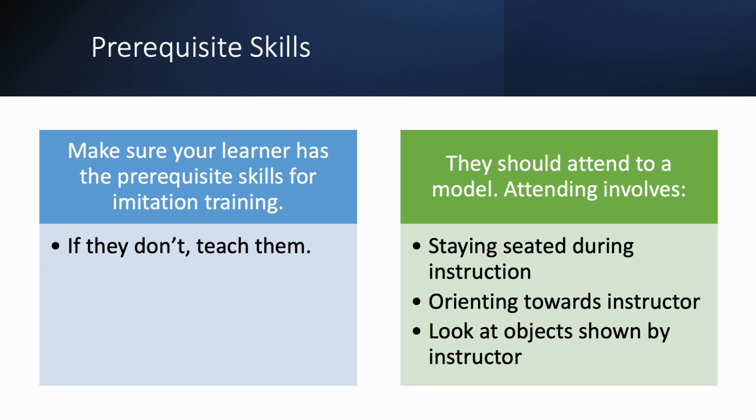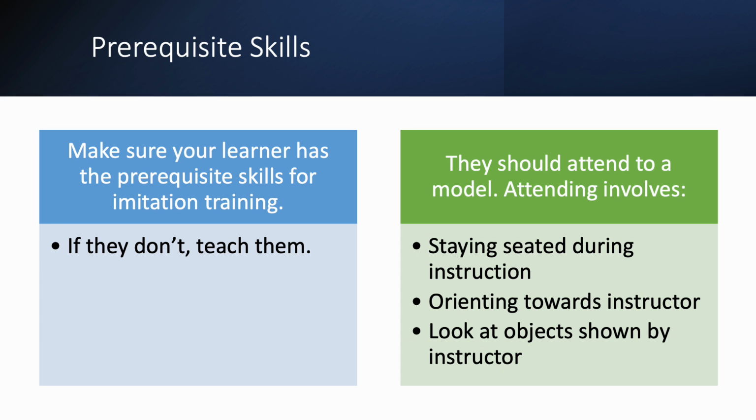I cannot tell you how many times I've worked with a therapist and they are presenting an instruction, and it's not just an imitative instruction, but just an instruction in general, and the learner is not attending. They're not looking at the person that's providing the model. They're not maybe looking at the material that you're providing them with. And so the therapist will say, do this, and then they'll roll the car on the table, but the client is looking up at a corner in the room.